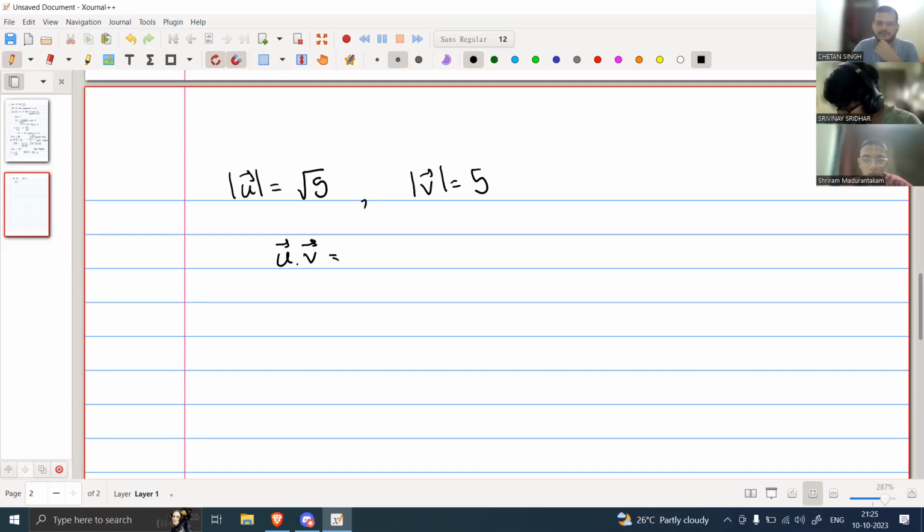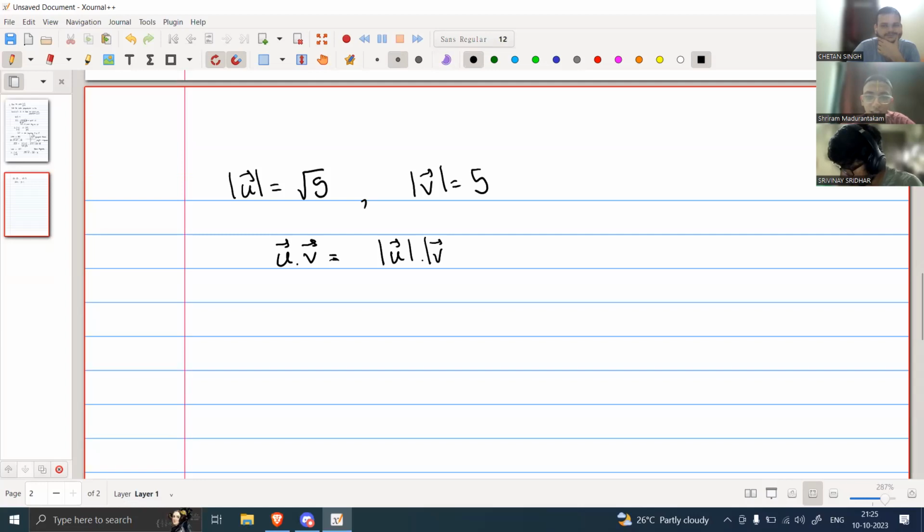You just have to do the norm of u and norm of v times cos theta, the angle between those two. I know norm of u and norm of v. How do I find the angle theta between them?